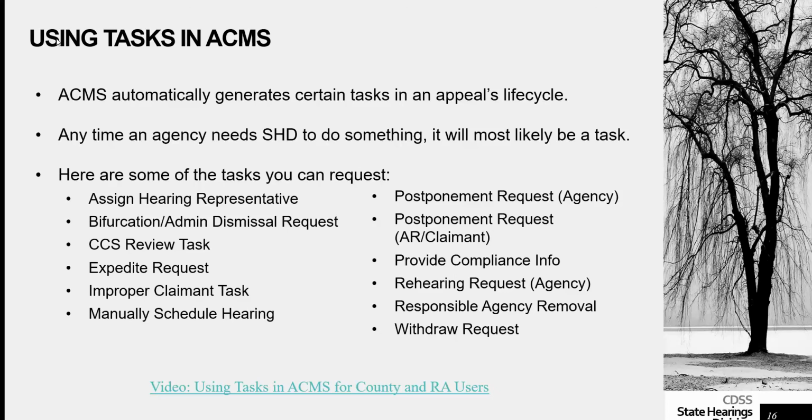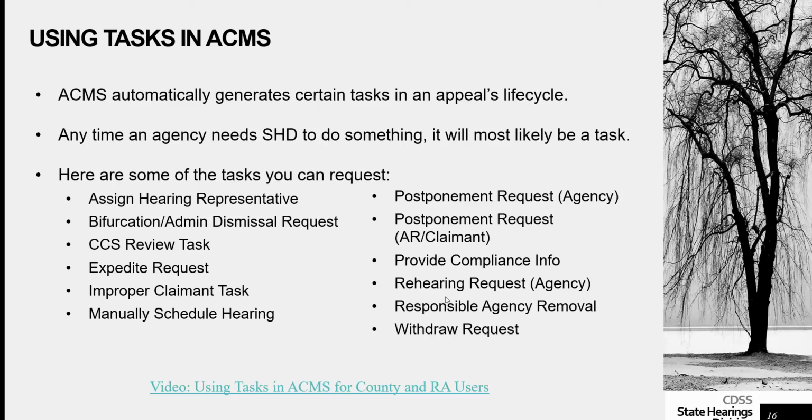Now, ACMS uses this task system to kind of keep the hearing process moving forward throughout the appeals lifecycle. So these tasks can be found under the Task tab, and anytime an agency needs state hearings to do something, you will most likely open a task for that.